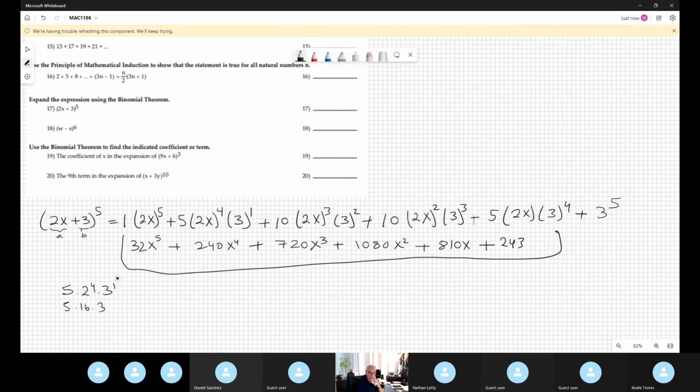Remember, we are using that formula. The formula of the Newton binomial is sigma from K equals 0. Okay, this is K0, by the way, no? K1, K2, K3, K4, and K5.